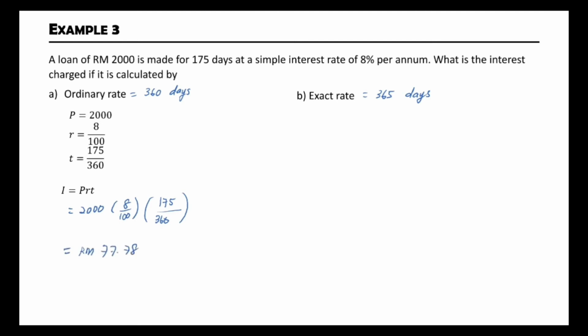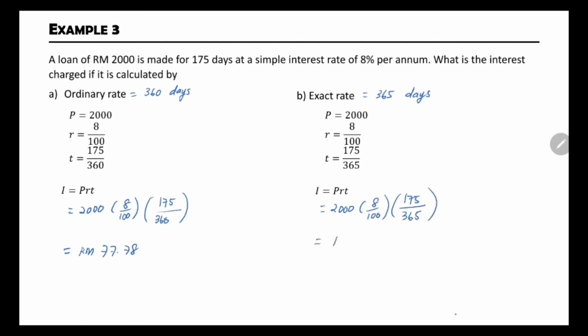And for exact rate, 365 days, we also have principal of 2,000, rate is 8 over 100, and duration is 175 days divided by 365. Also I equal to PRT, where P is 2,000, R is 8 over 100, and T is 175 divided by 365, equal to RM76.71.